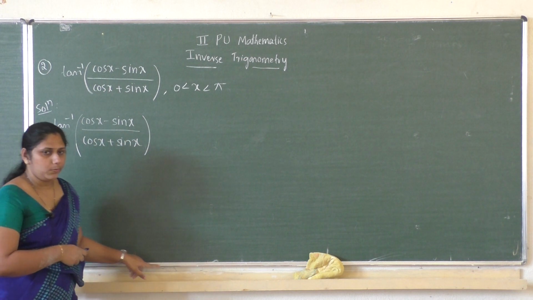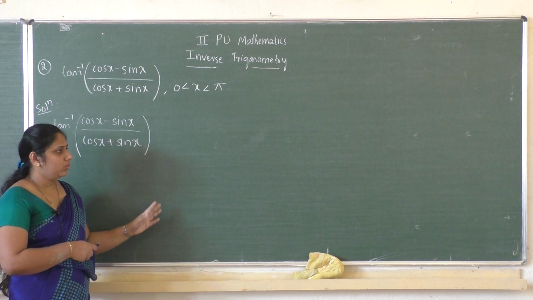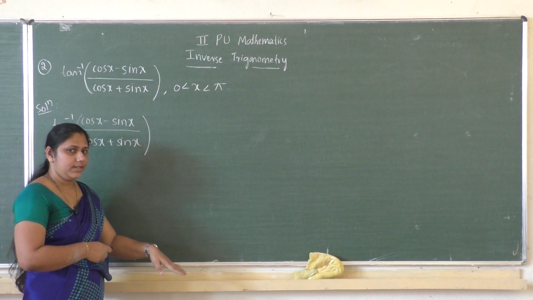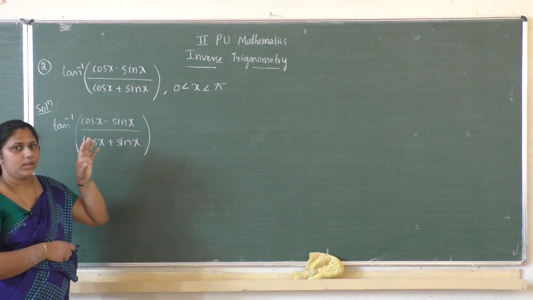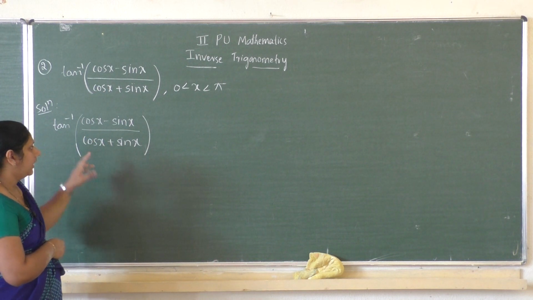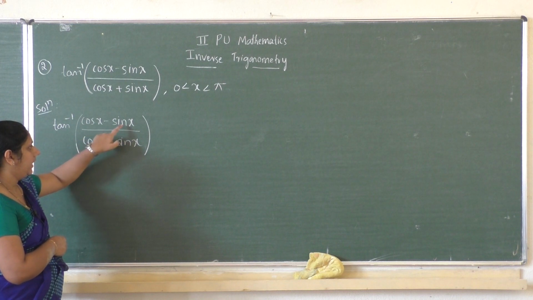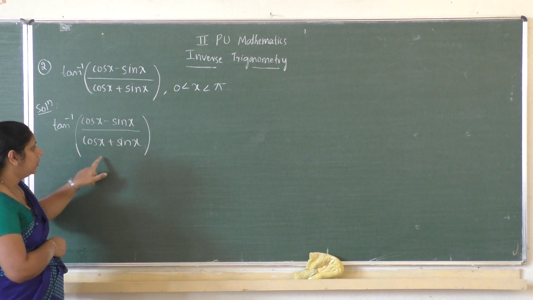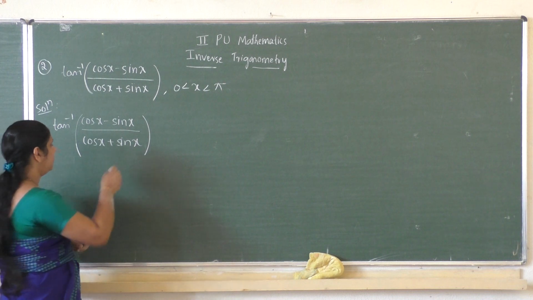See, in the last problem we got the term tan inverse of (cos x by 2 plus sin x by 2) divided by (cos x by 2 minus sin x by 2), right? In that case, what did we do? We divided by cos x by 2. Similarly, here we have the term (cos x minus sin x) by (cos x plus sin x), so we have to divide both the numerator and denominator by cos x.